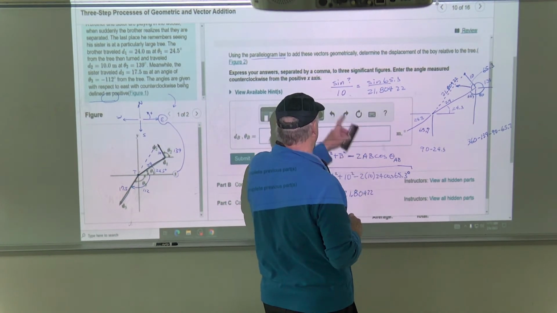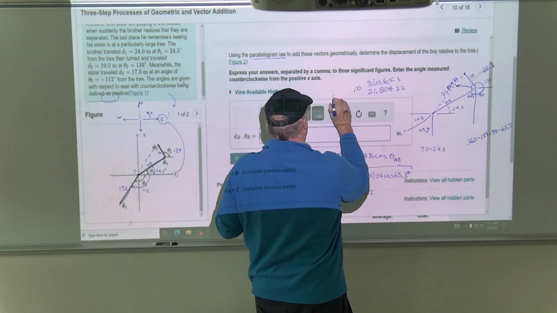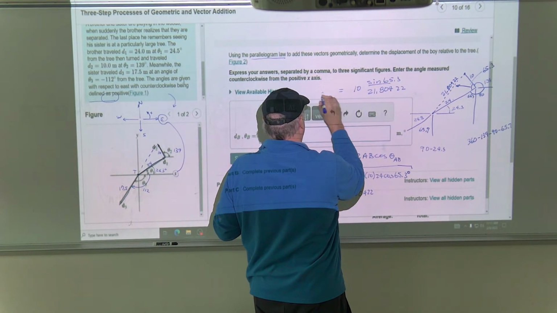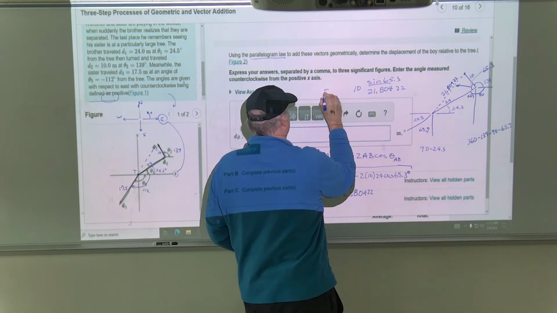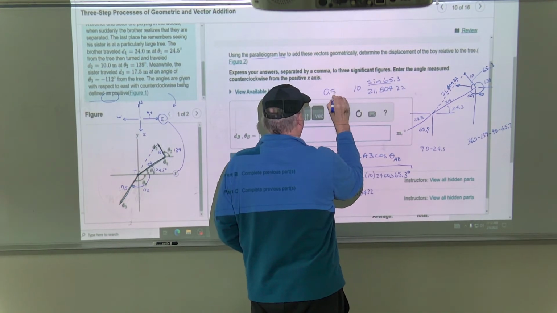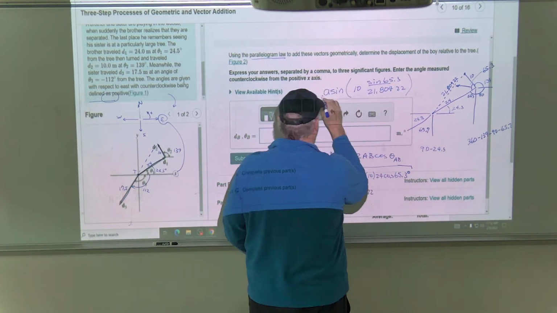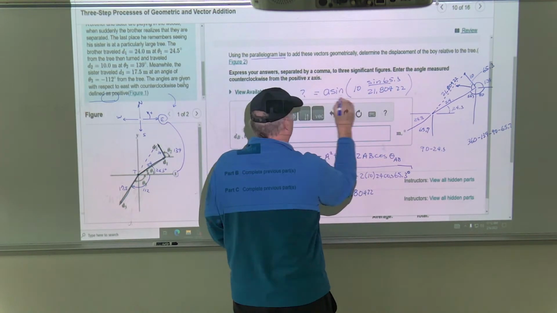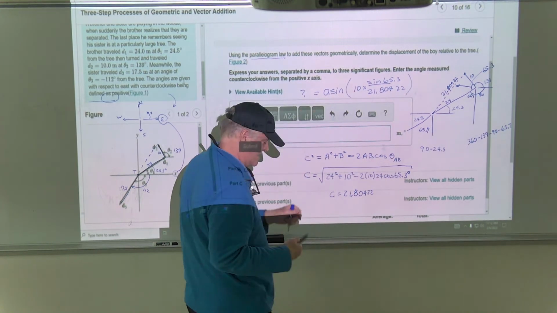So now if I multiply times 10, and here's the thing, I think to do this right, it wants to know arcsine of that becomes the angle. Let's see if it does that correctly.